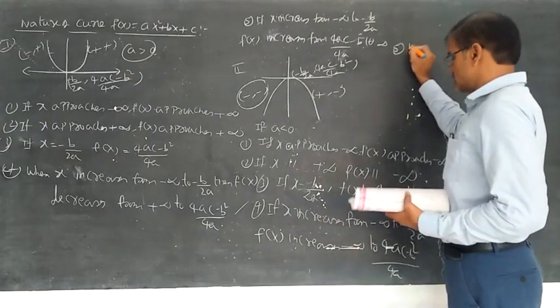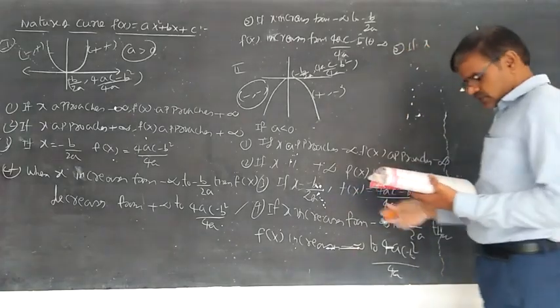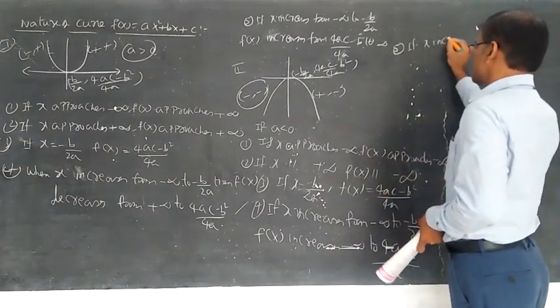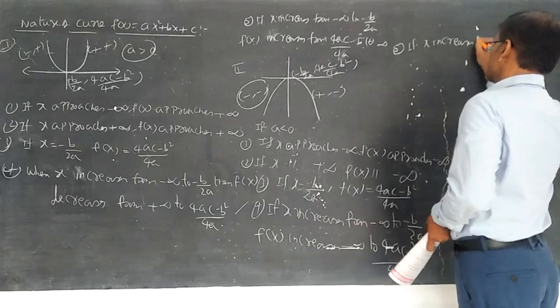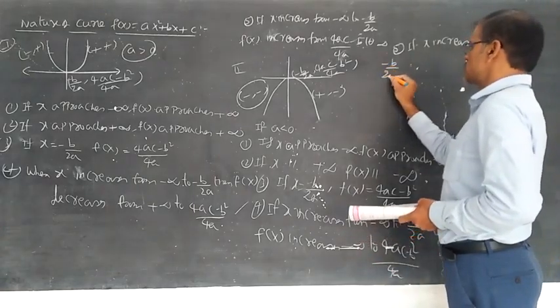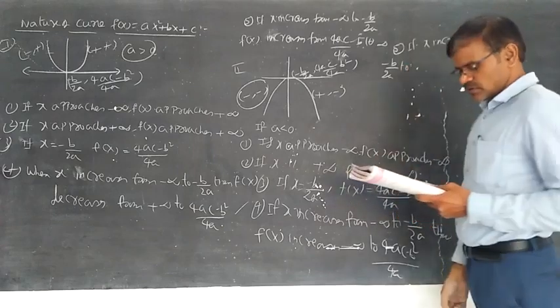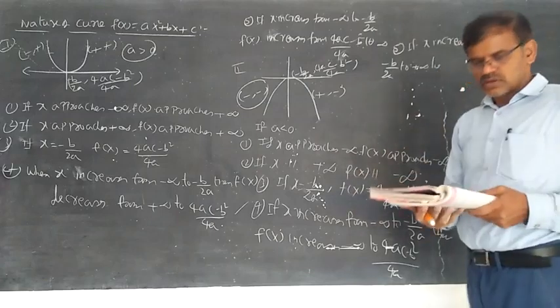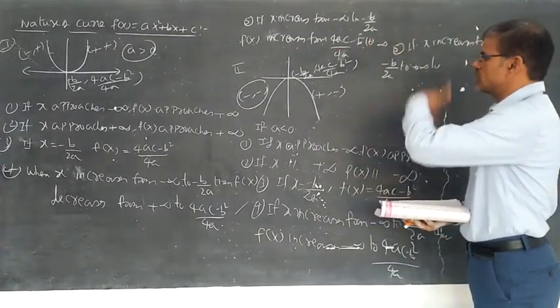Next is that if x increases from minus b by 2a to plus infinity, so plus minus concept, then also f of x is decreasing, so going downward.